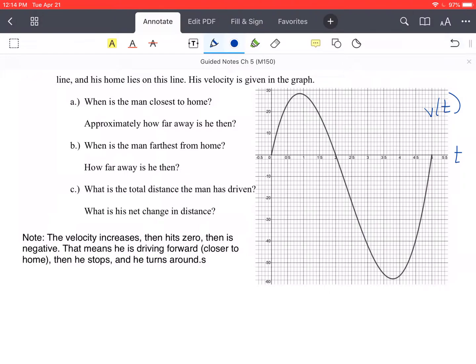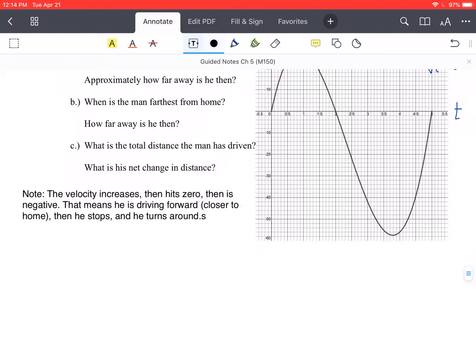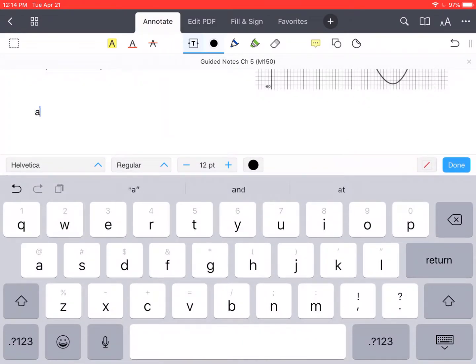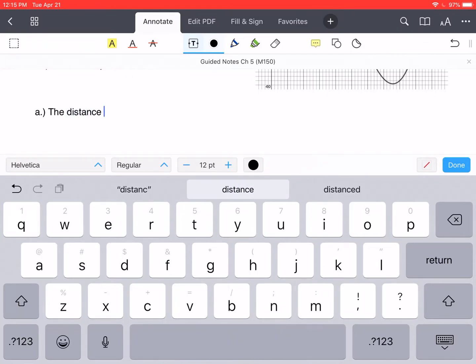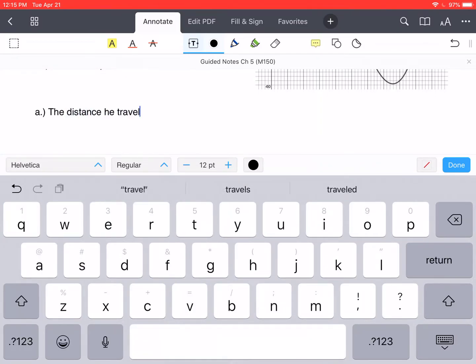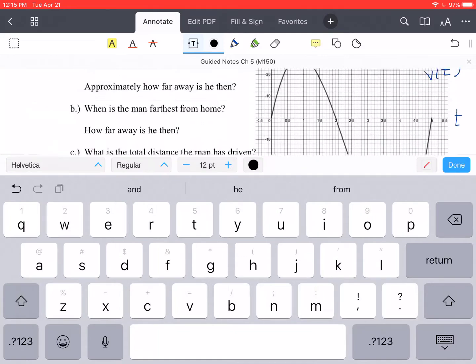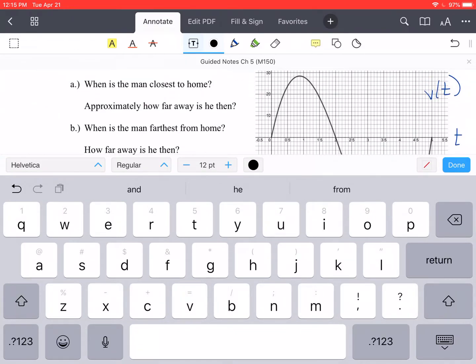So let me put this in here. Part A: the distance he travels during the first 2 hours closer to home. We can compute that distance approximately by finding the area under the curve.